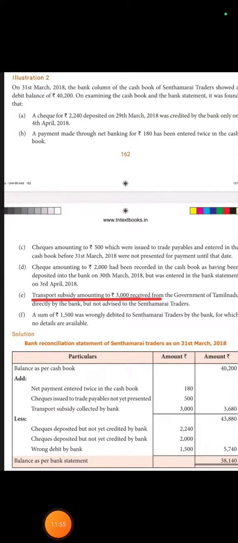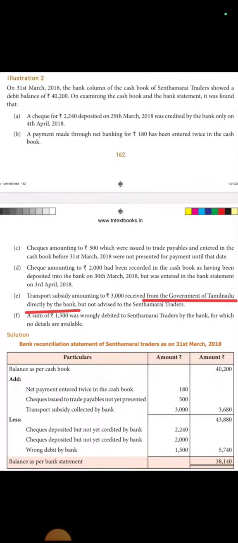Let's see the next transaction, that is transport subsidy amounting to rupees 3000 received from the government of Tamil Nadu directly by the bank but not advised to Sendamari traders. So Sendamari traders received 3000 rupees for transport subsidy from the Tamil Nadu government directly through the bank.